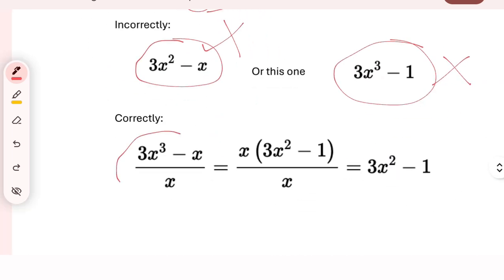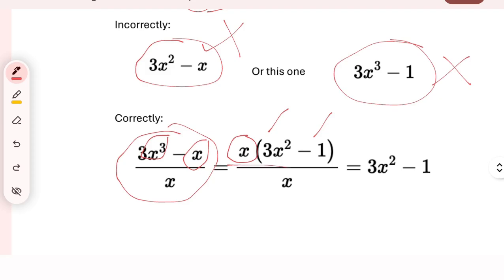If you are given this, you can factor out x, as you see, there's x cubed there and there's also x. So you can factor out x outside. What is left here is 3x squared, which is correct, and of course, in here, it's minus 1. That is also correct.